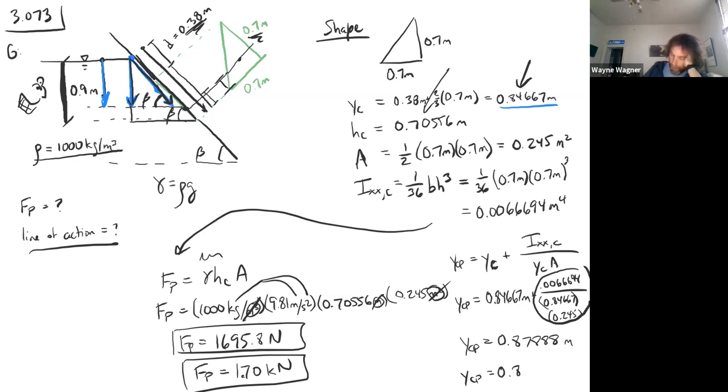So 0.879 meters from the surface, and that's measured along the face. It's measured from the surface down to where the force is acting. Here's the force acting right here. And that's how we do it. Any questions?